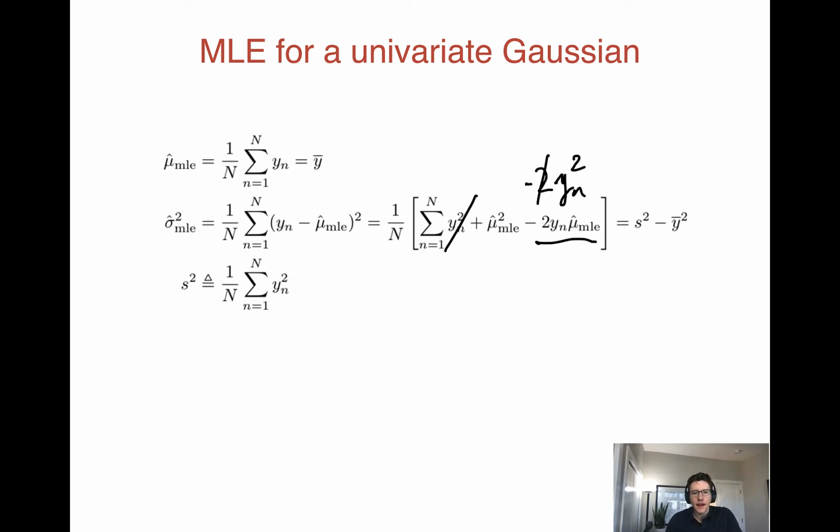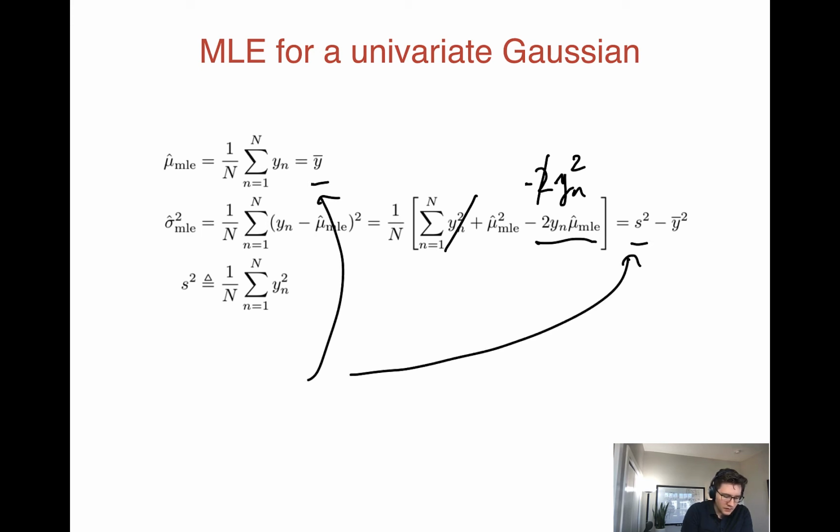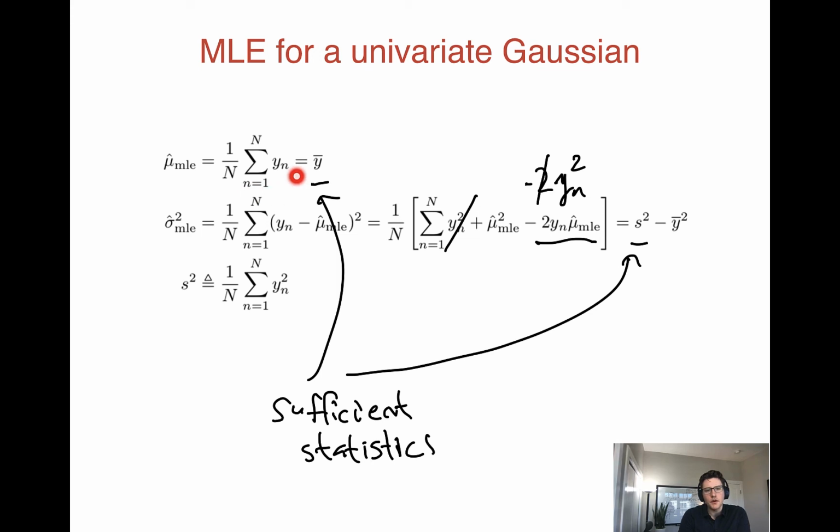So this shows something that's kind of handy, which is that we can get our mean and variance from what are called sufficient statistics. These values, the mean of our data and the average sum of squares, are sufficient statistics.